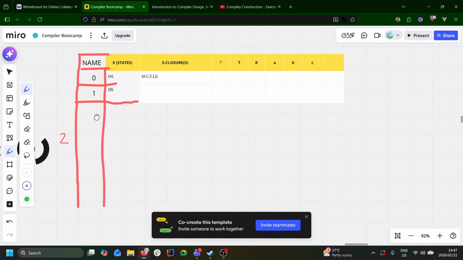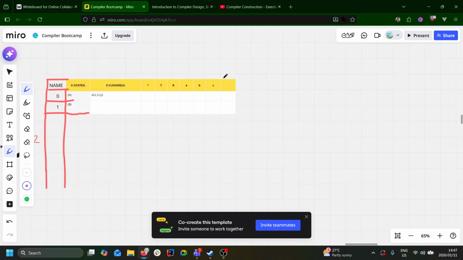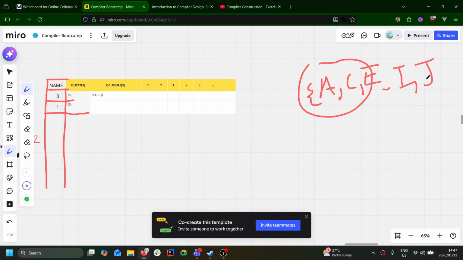The reason we're naming them is because when we finally draw our states, we don't want to have this over here with I and J. You can just have the name be 0, and we'll just reference the table.